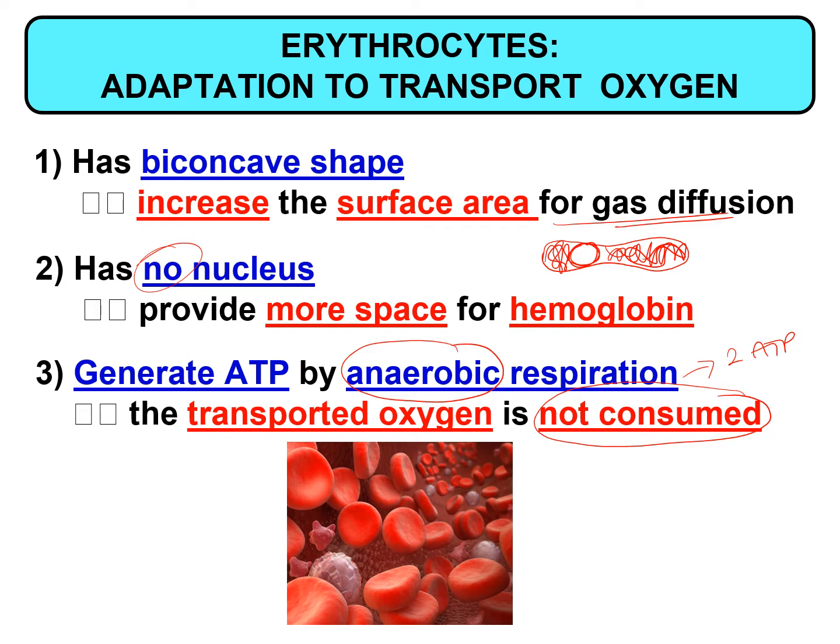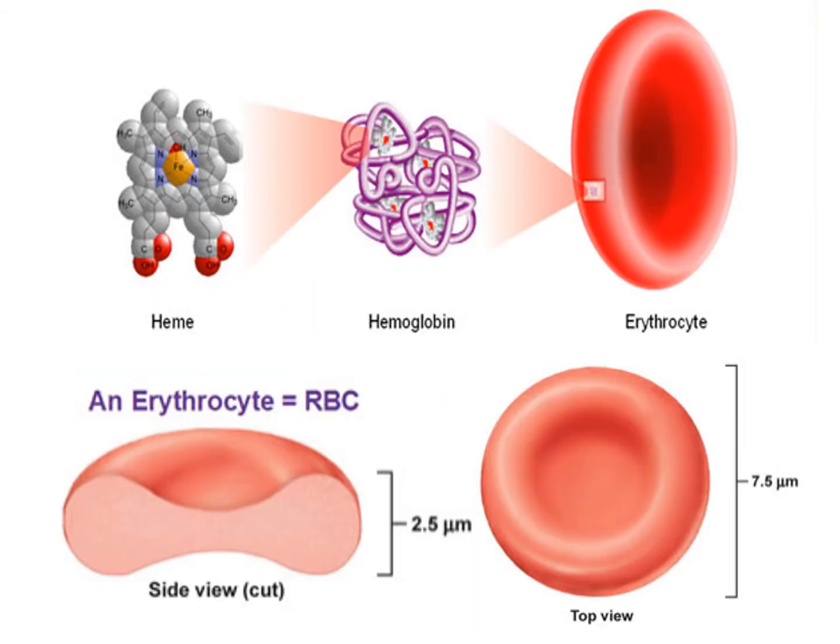If they were to undergo aerobic respiration, then they have to use the oxygen and produce more ATP. But instead, erythrocyte will only generate ATP by means of anaerobic respiration, so that they won't use the oxygen that they transport.